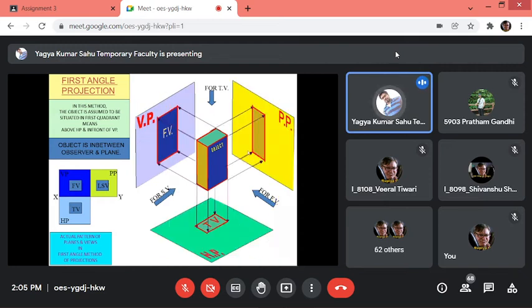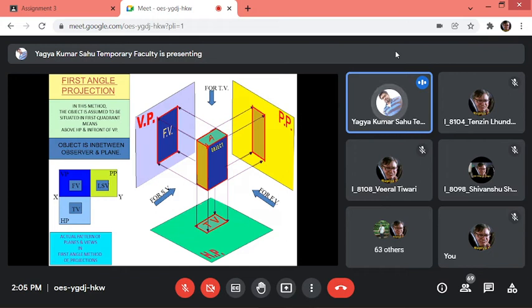So these are the three planes: horizontal plane, vertical plane, and profile plane. And assume there is a point somewhere here, at this particular corner. This is the point, A.